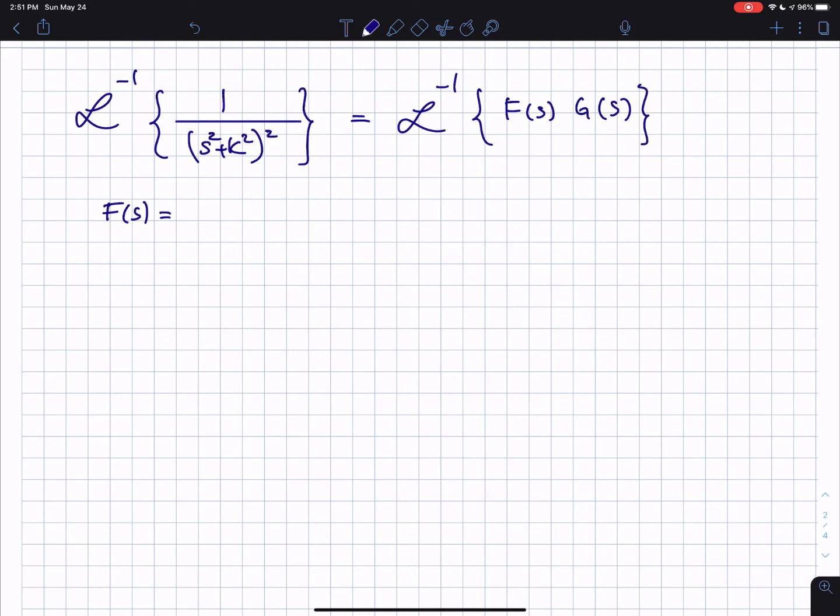So f of s is equal to g of s in this case because of symmetry, and that's equal to 1 over s squared plus k squared. Now what is the Laplace inverse transform of 1 over s squared plus k squared? Because I need to know what f of t is and what g of t is, so I can then convolve them.